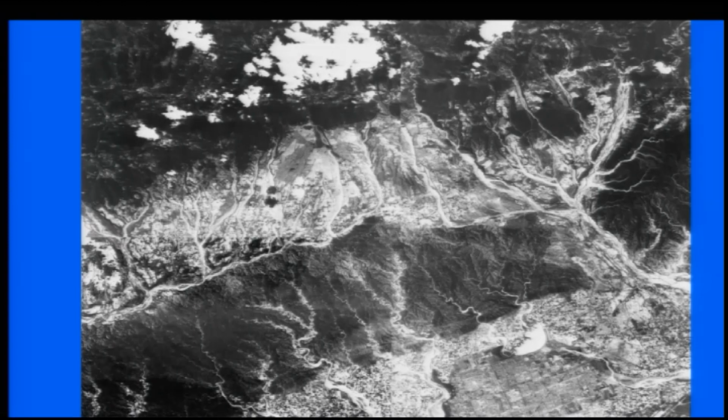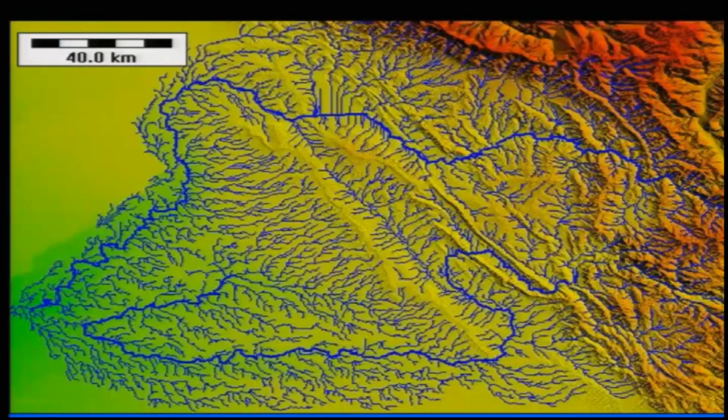So, again coming to the northwest Himalayan part, we quickly extracted the drainage using SRTM data, and the dark blue lines show the higher order streams, or the main trunk stream, and the smaller ones are all tributaries.